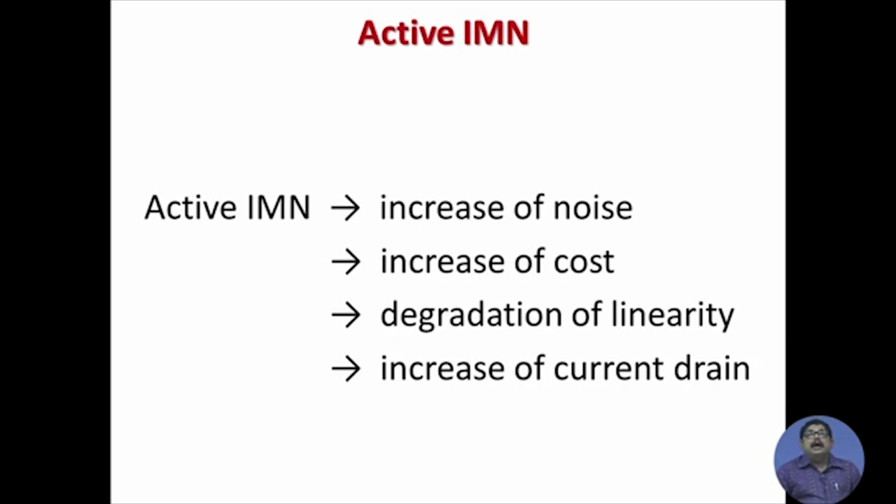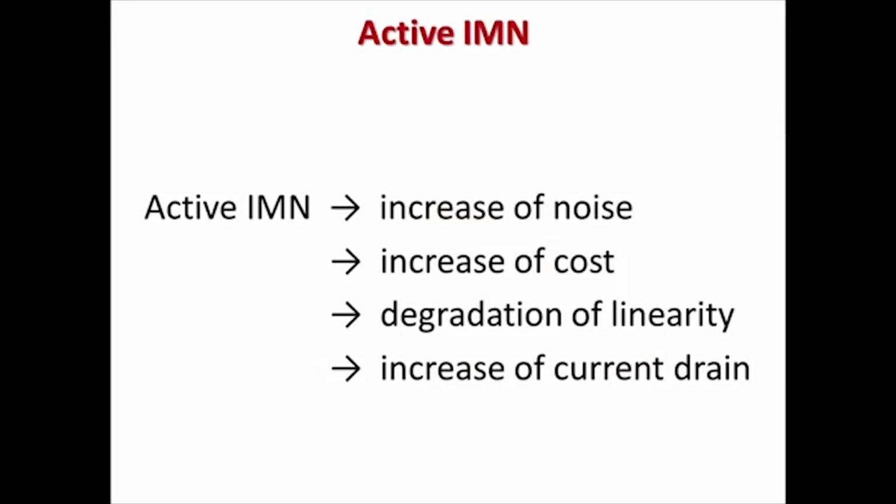Now, the problem with active IMNs is that any active device has many more changes of electronic states, and that is why the noise of the whole thing increases. Then any active device is much more costly than passive devices, so cost is increasing.